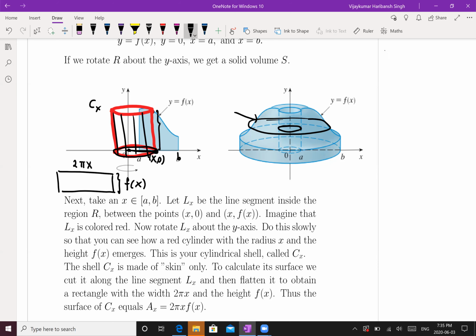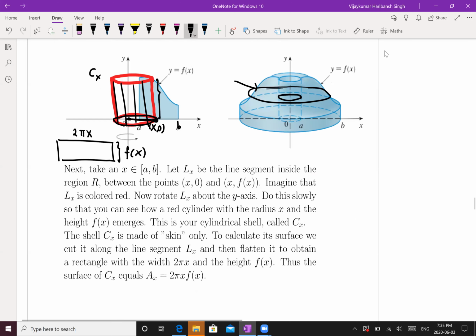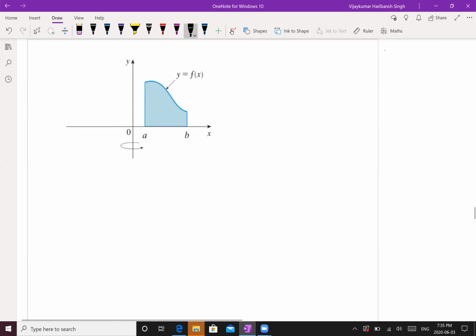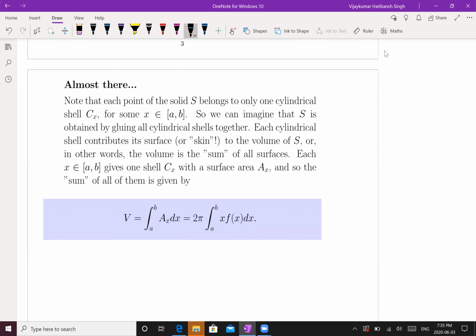So the area of this skin or cylindrical shell is going to be 2 pi x multiplied by f(x). And then you want to add the areas of all this skin. So you will get the volume as the integral from a to b of A(x) dx, which is 2 pi x f(x) dx from a to b.